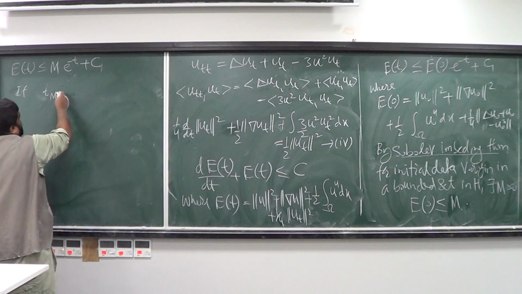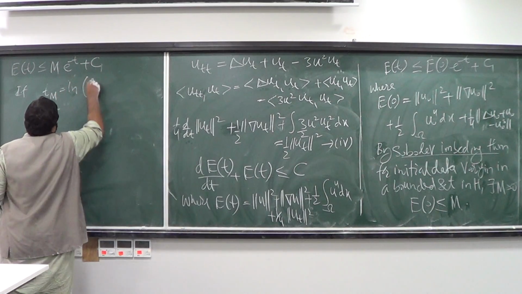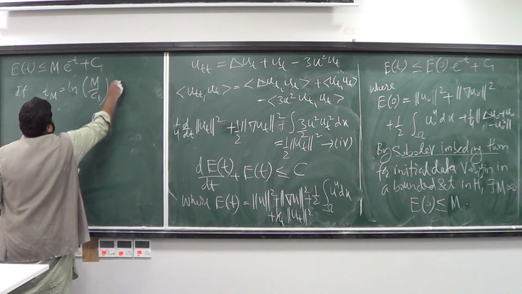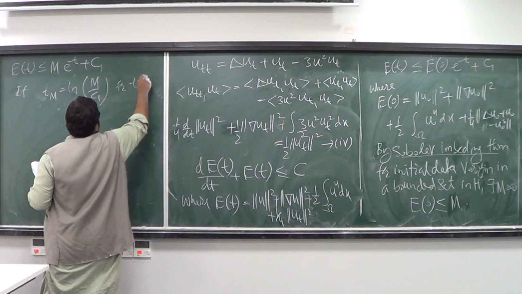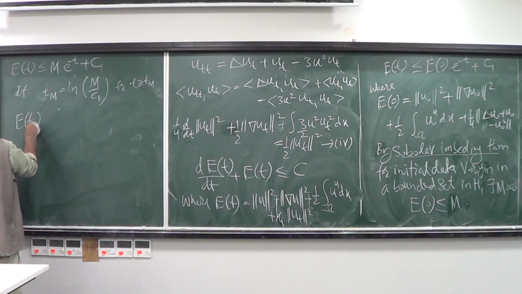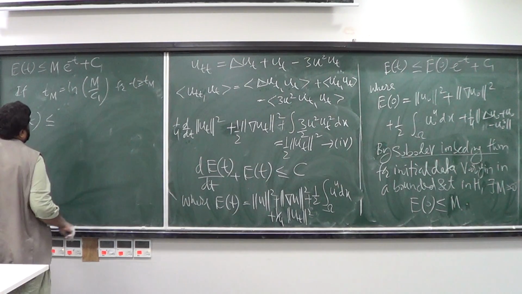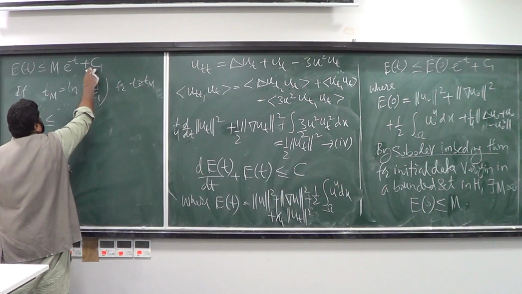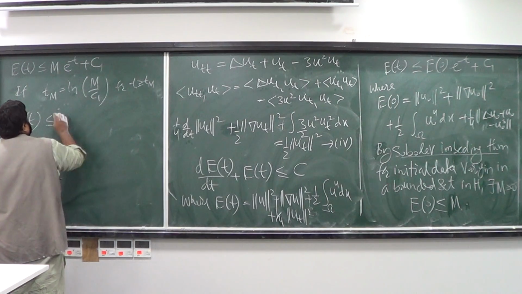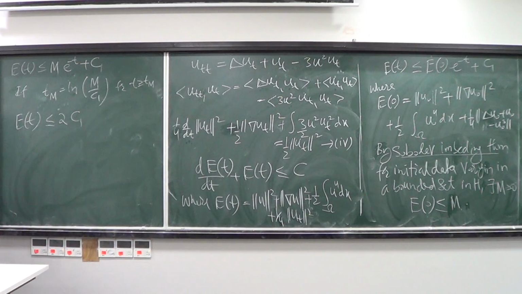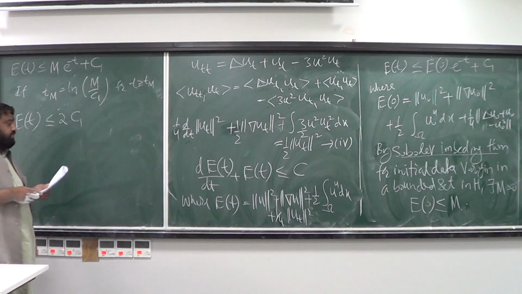So if I take Tm to be the log of m and c1, then for all t bigger than or equal to Tm, E of t is going to be less than or equal to what? I can substitute this here, and you can see that everything will cancel out and you get E of t less than or equal to 2 times the constant c1.